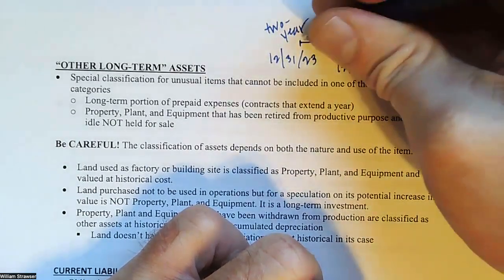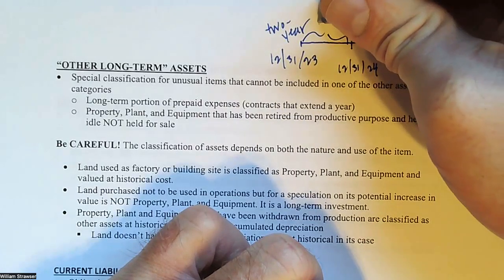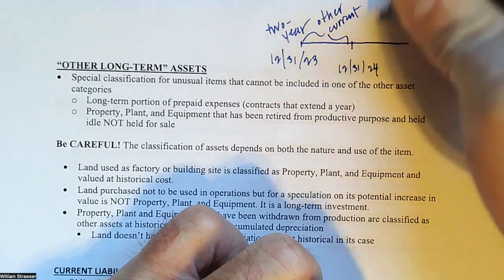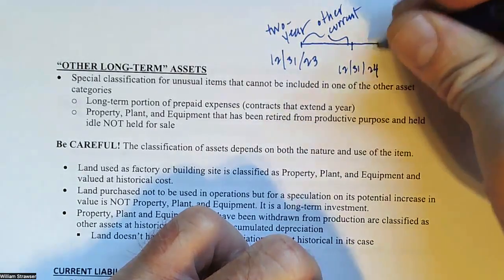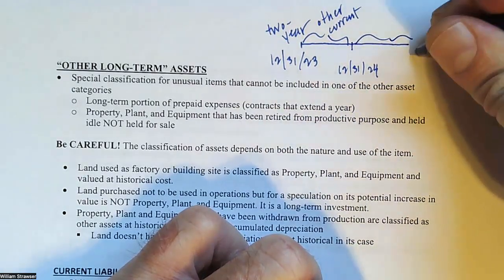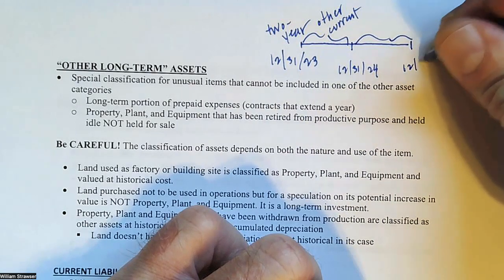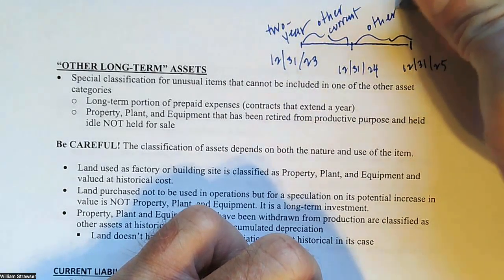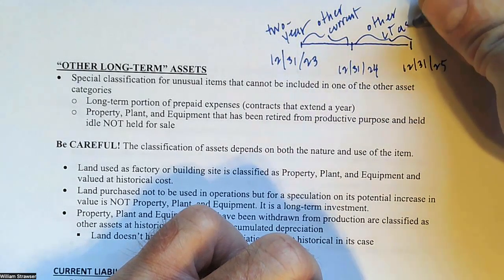That very next year, this is other current assets. And the portion, the price that would cover me beyond that, all the way up to 12/31/25, that would be other long-term asset.